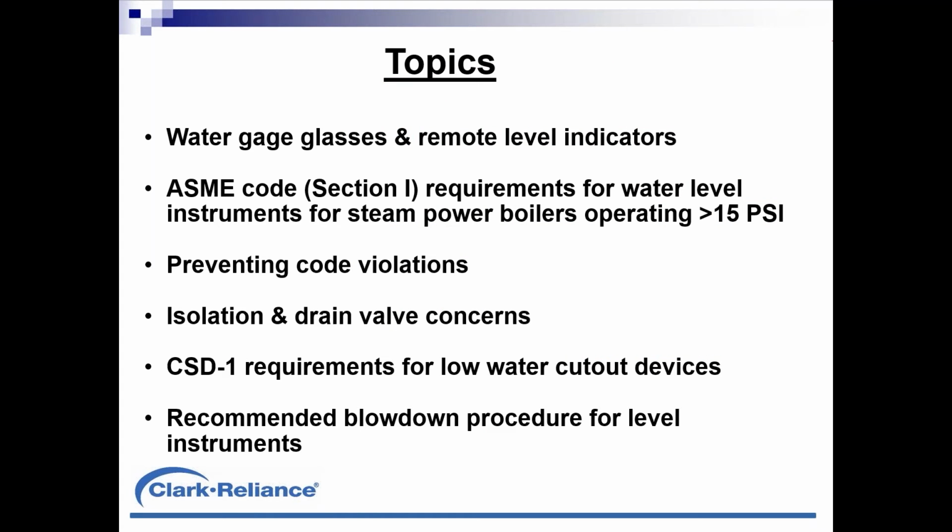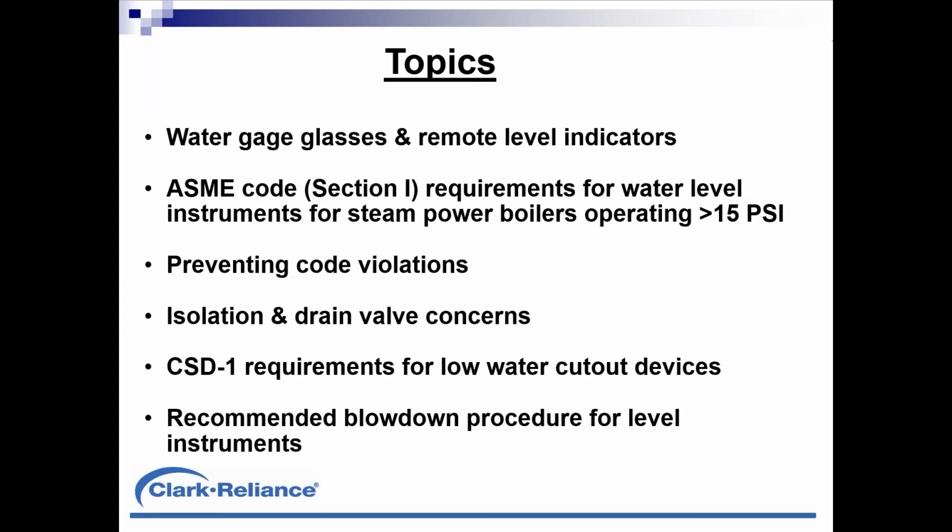So Chris pretty much went over our topic list today of what we're going to discuss. We'll be focusing on water gauge glasses, which are direct reading level indicating devices, the various technologies for remote level indicators. We are focused on Section 1 applications. However, there are critical non-Section 1, which are really Section 8 vessels that are vital to the success of the boiler, being feed water heaters, condensate tanks, and such.